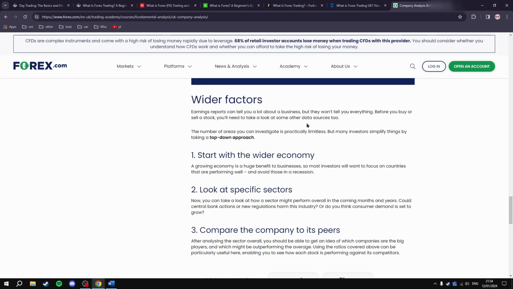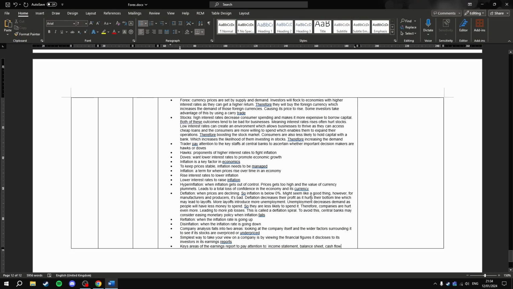An earnings report could tell you a lot, but before you buy, start with some other data sources too.